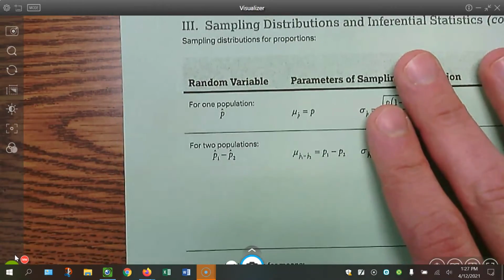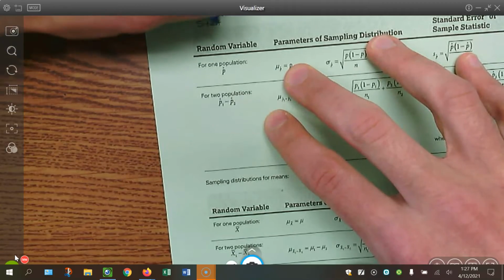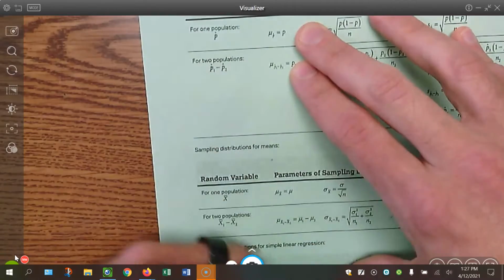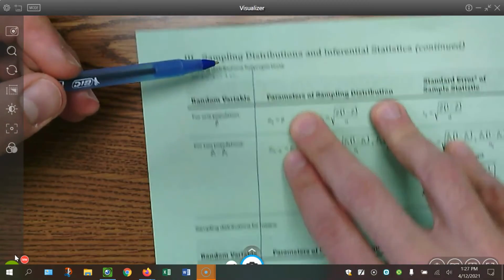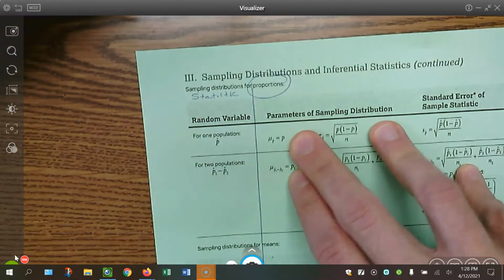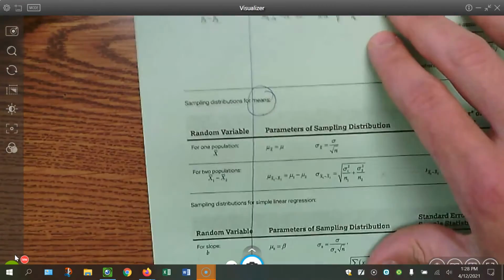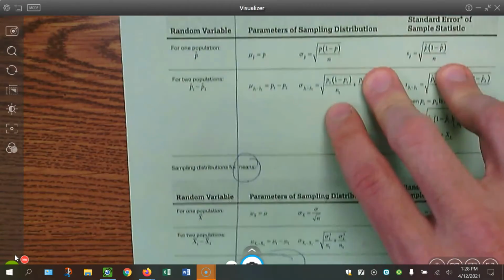This first column, I would label this first column statistic. This entire column all the way down the page shows you your statistic. The top half is proportions, then means, and then regression, which we just covered.